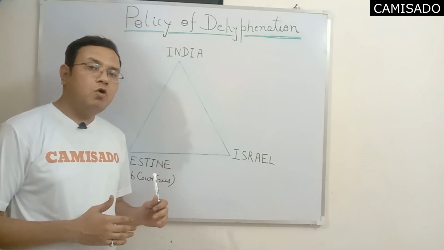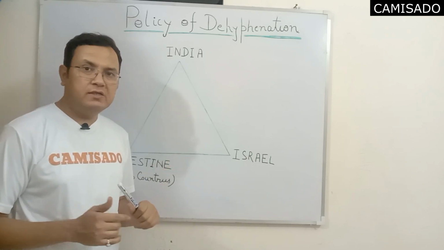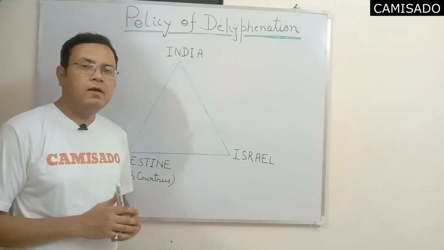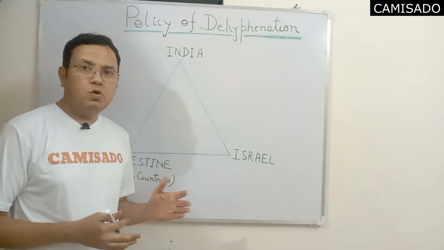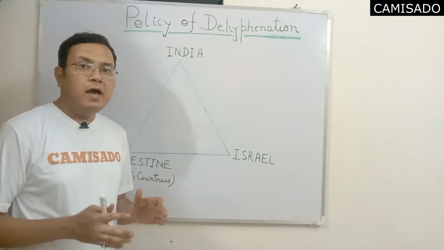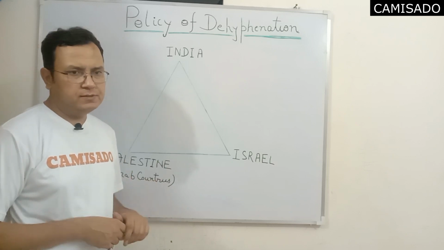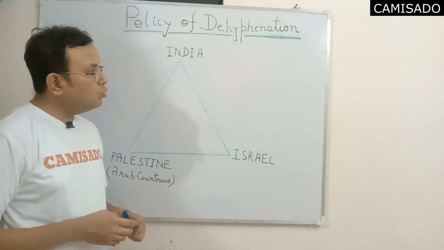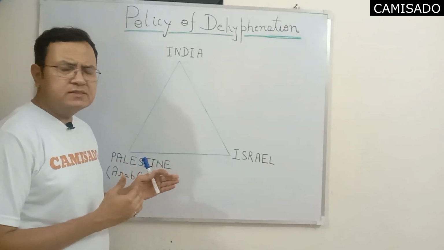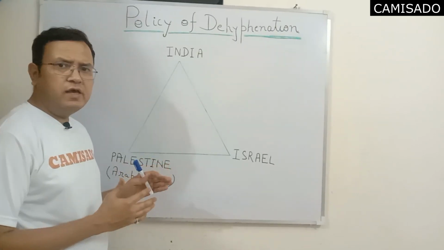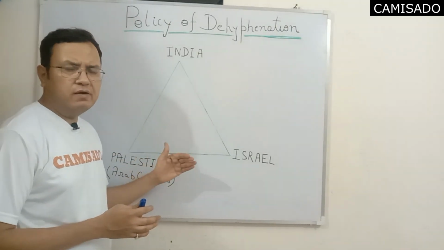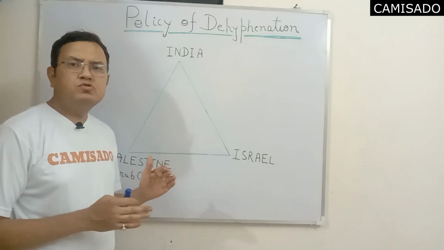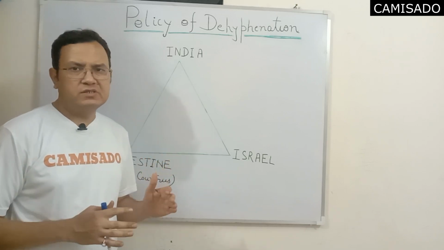Apart from that, our cooperation in the areas of space, intelligence sharing, agriculture, water management, etc., has been very crucial and very important. So India in the last couple of years has been successfully able to navigate between these two countries and has been able to maintain equidistance and secure its national interest.